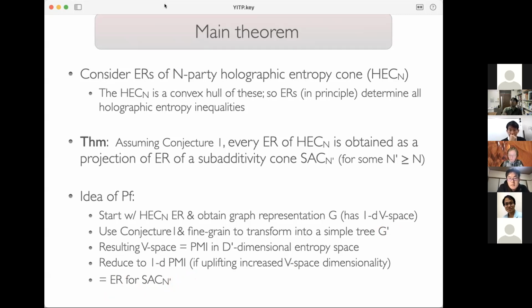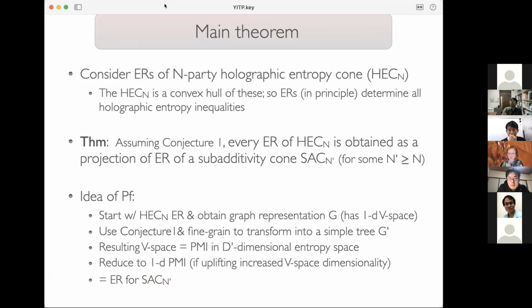And the statement is that now that original holographic entropy cone extreme ray is obtainable from projecting down back to this n-party space, this extreme ray for this just subadditivity cone.